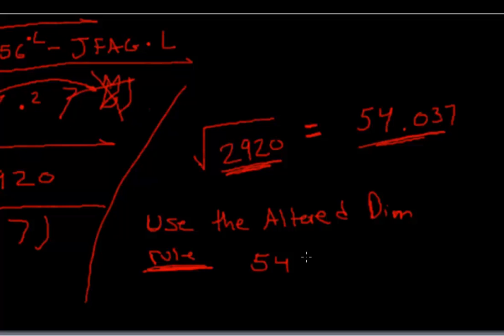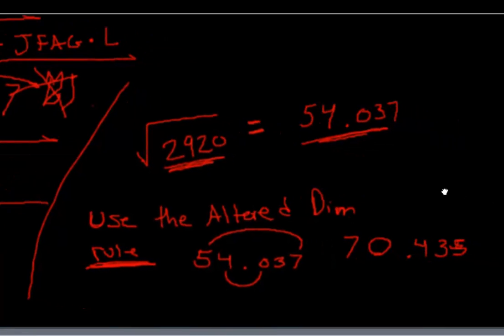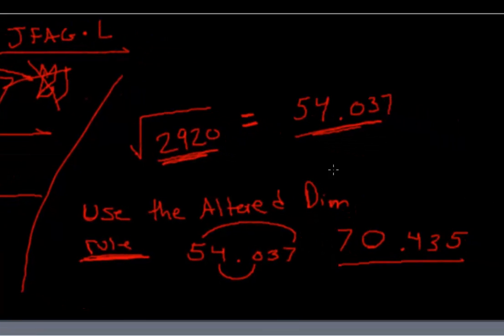The rule, which is, you take the last number and the second number, if it's 2 digits, and replace it like so. And this alters the dimension limit so you have more leeway when you cast your spell. So you get 70.43.